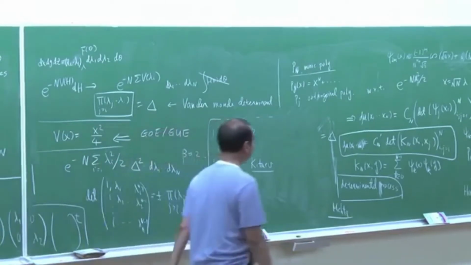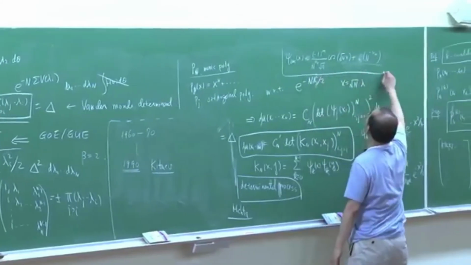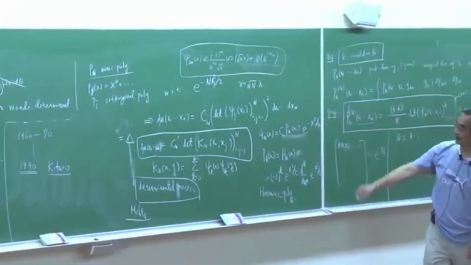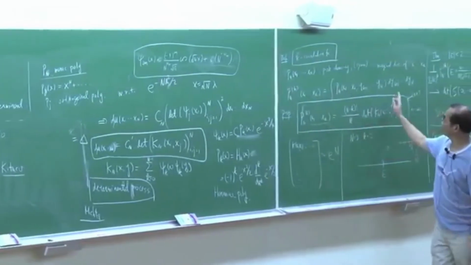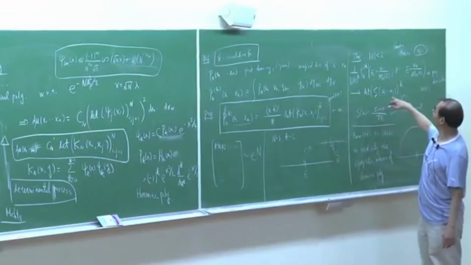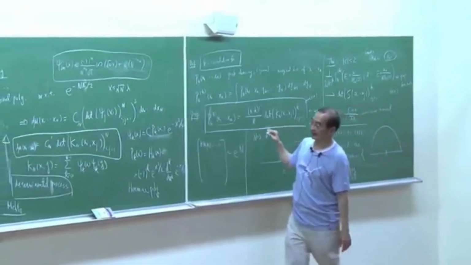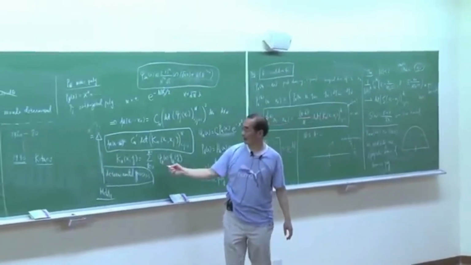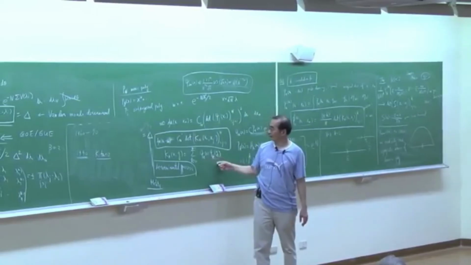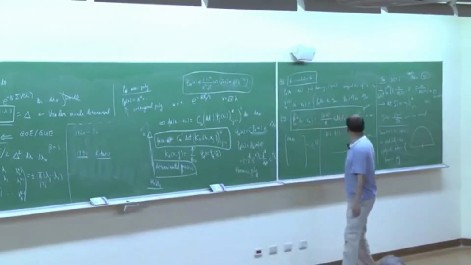You see, the Gaussian property is used only here. Otherwise, if you take orthogonal polynomials, everything goes through up to this formula. But you cannot take a limit, because this K_n of x is given by this summation of orthogonal polynomials, and if I don't know the asymptotic property of the orthogonal polynomials, I cannot compute to get this formula.